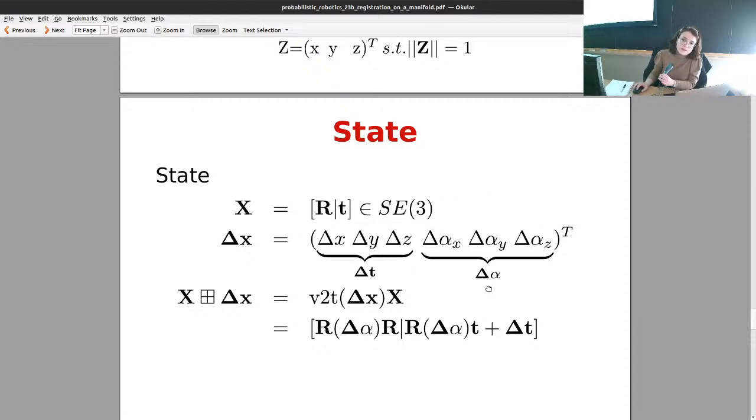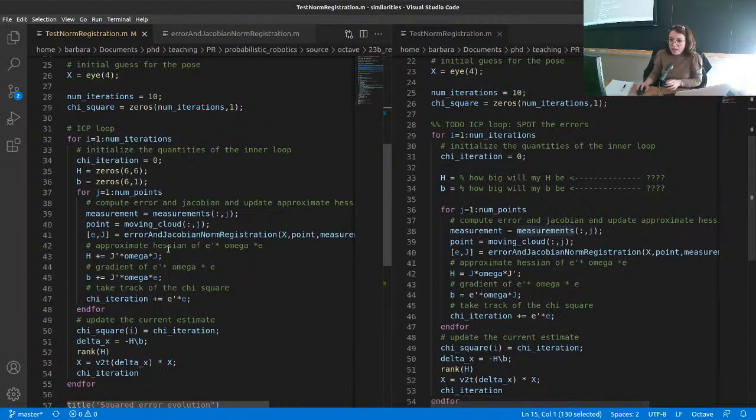We are using a 6-dimensional perturbation for the Euclidean parameterization, so that the H matrix will be 6 times 6, and the b vector will be 6 times 1.